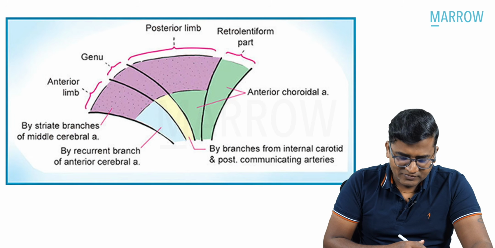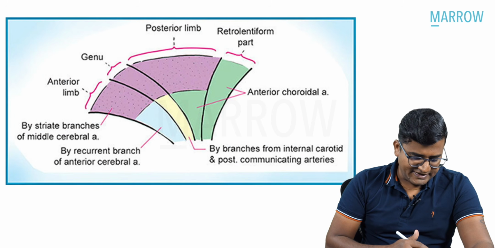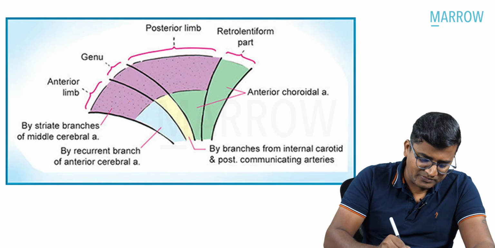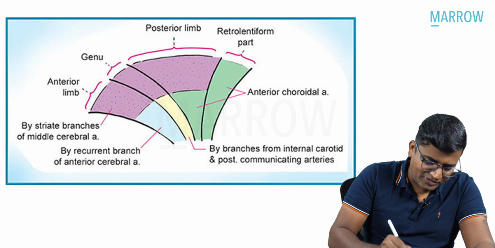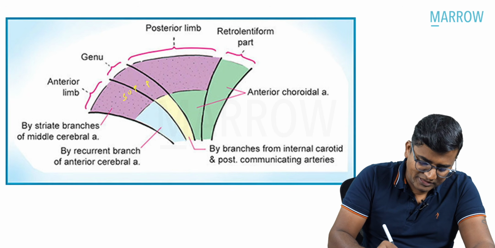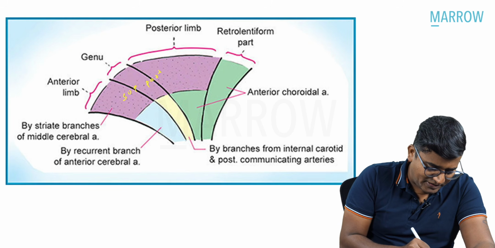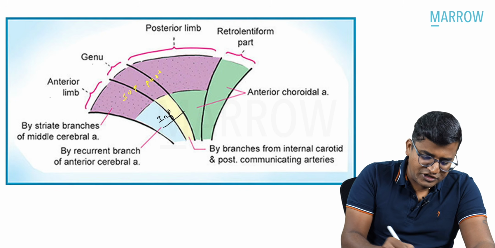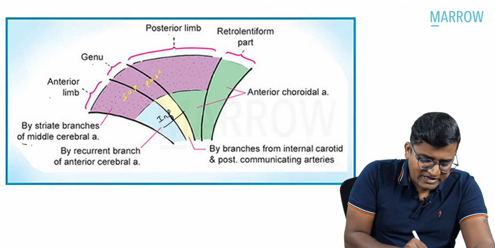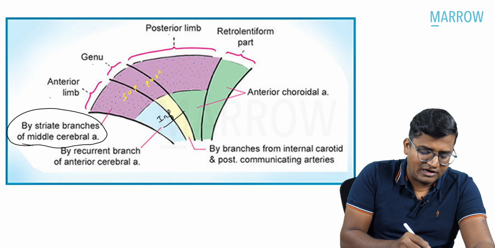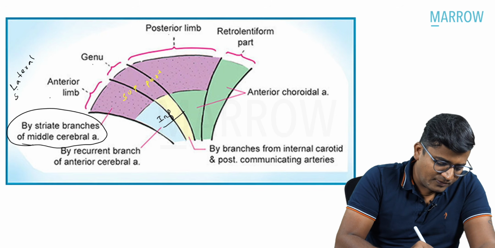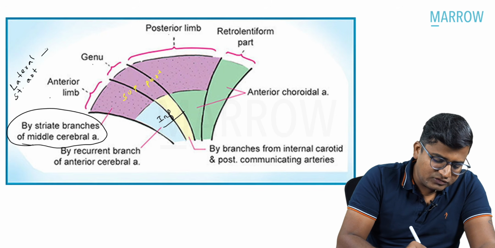Now come to the blood supply. Now the blood supply of the internal capsule. We divide the anterior limb, genu and posterior limb into the superior part and the inferior part. The superior part of the anterior limb, genu and posterior limb is supplied by striate branches of the middle cerebral artery, which is also called the lateral striate artery. The lateral striate artery is also called the artery of Charcot hemorrhage.